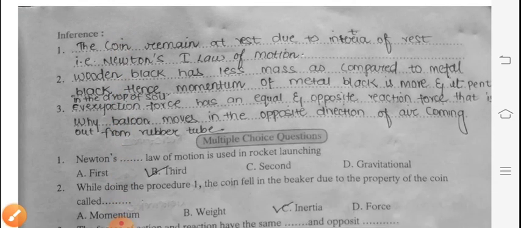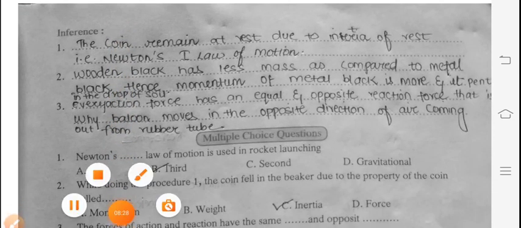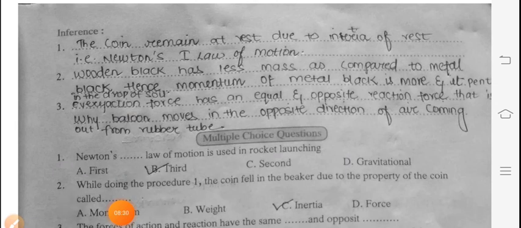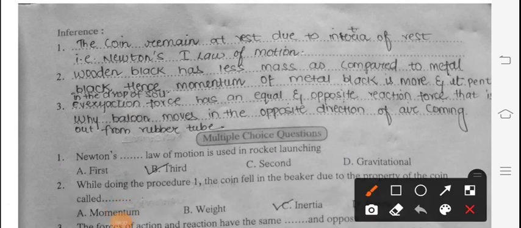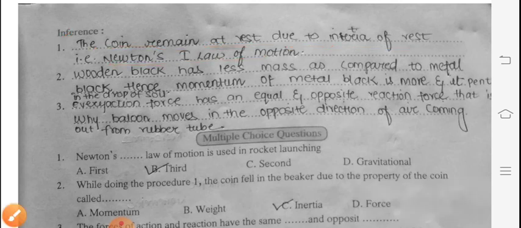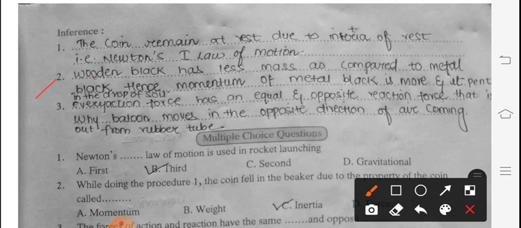Inference is, point number 1: the coin remains at rest due to inertia of rest. That is Newton's first law of motion. Point number 2: the wooden block has less mass as compared to the metal block.